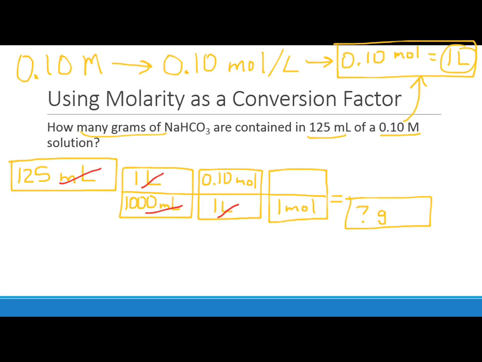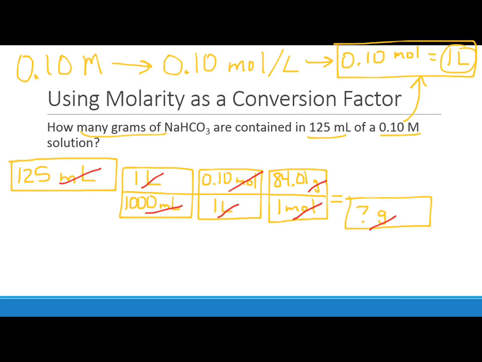And if I add that up, it says that it's 84.01 grams. So now I just go ahead and double check. Moles cancels moles, grams cancels grams. Everything cancels out nicely in this case, which means I know I've set it up properly and I've used this molarity as a conversion factor.